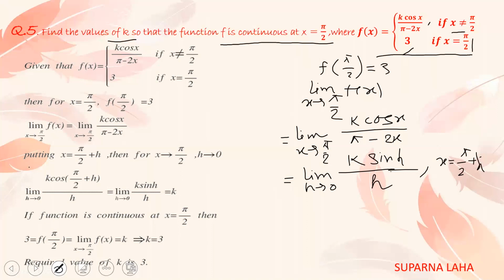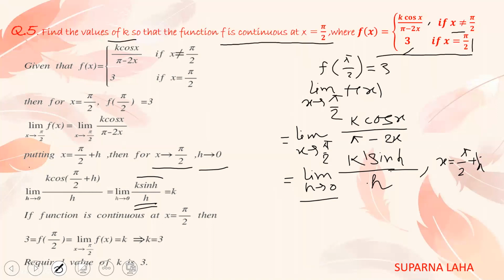If x tends to pi by 2, h tends to 0. And this function will change into k sine h upon h, since cos of pi by 2 plus h is sine h.